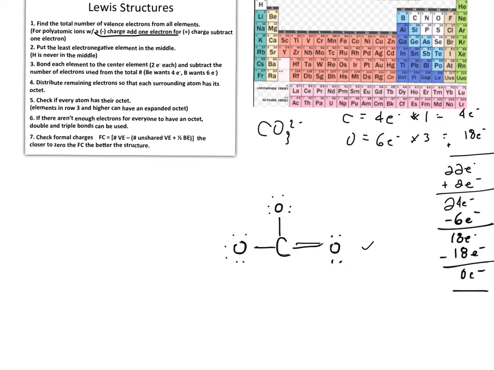So all of our atoms now have their octet. Now we can move on to finding our formal charges for each of the atoms and see if our structure is the best possible.